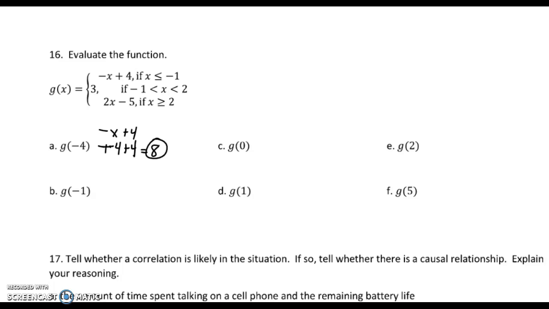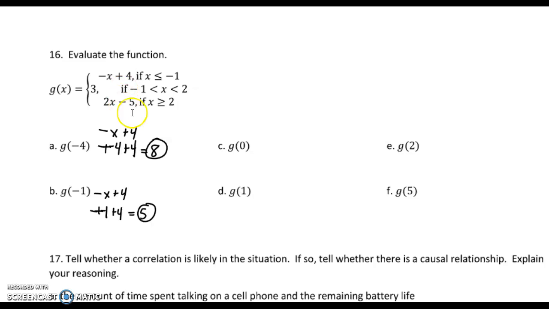All right, on B, the x value is -1, so you look at the domain. It would be this top equation again because -1 is less than or equal to -1. So we're using -x plus 4 as our equation. So we plug in -1 for x. -(-1) is 1. 1 plus 4 is 5.